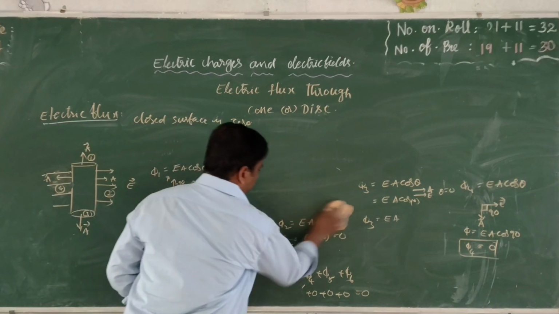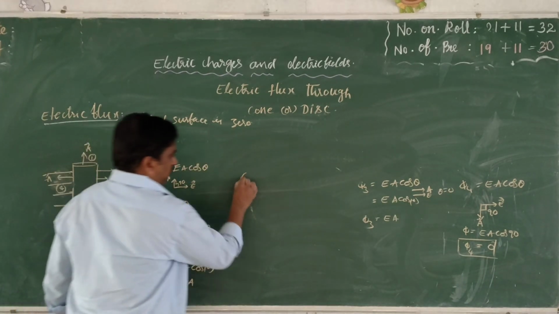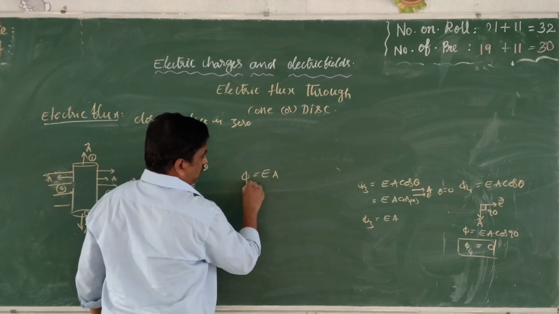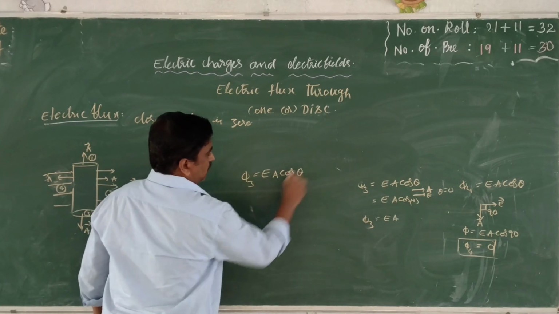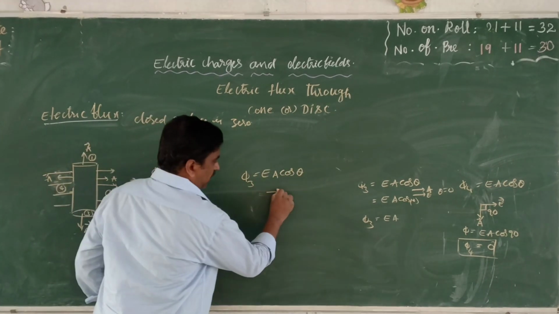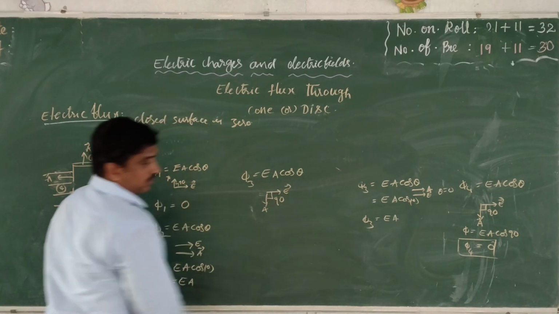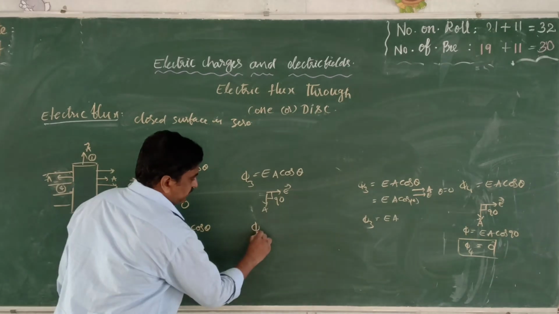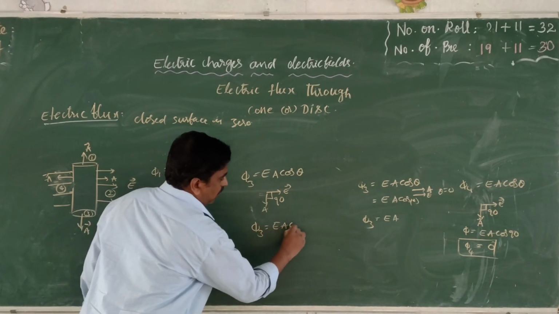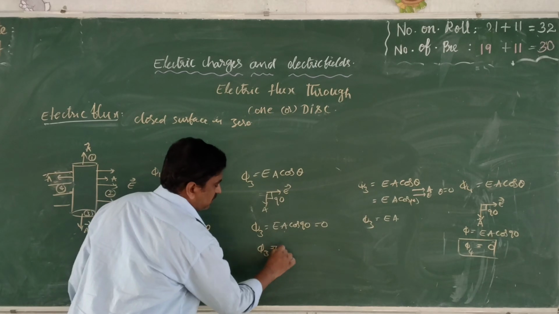The flux through the third surface. This is also perpendicular to the field. The flux through the third surface is EA cos theta. Here theta is 90 degrees, because this is the electric field direction and this is the area vector. What is the angle now? 90. So phi 3 equals EA cos 90, and cos 90 is 0.